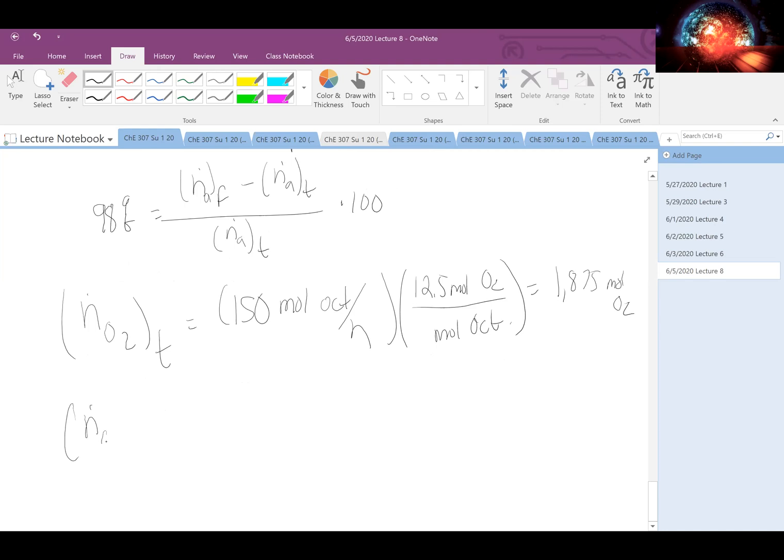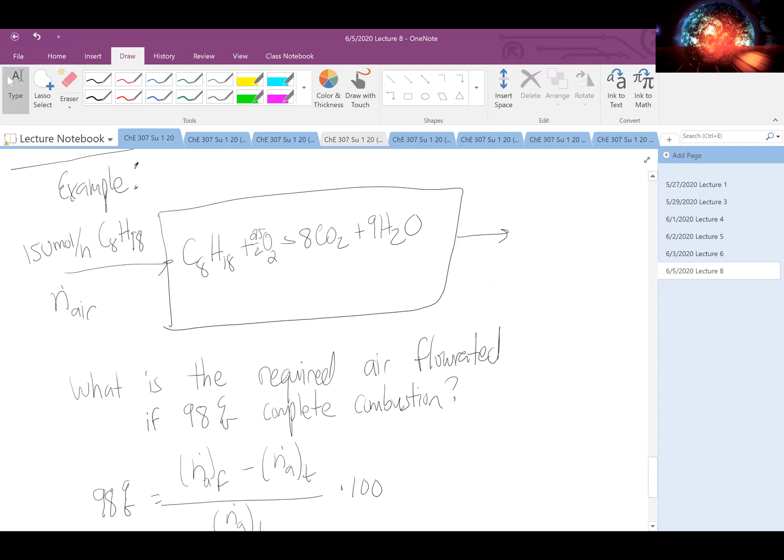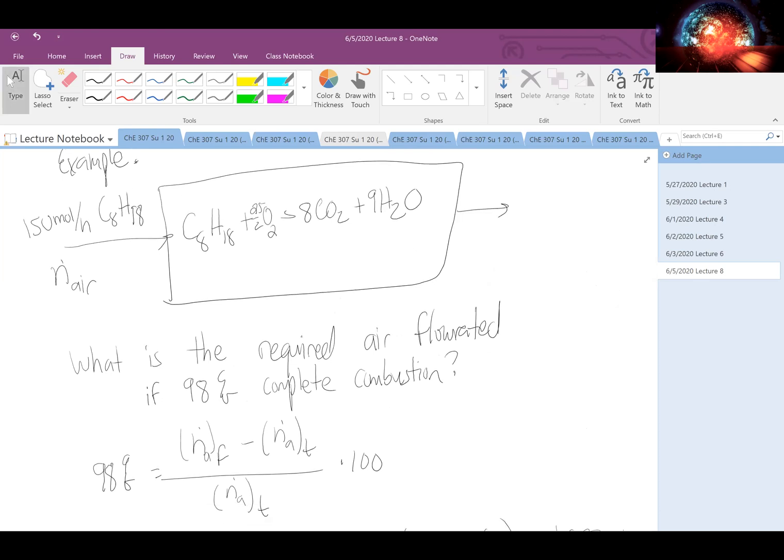To get my theoretical air, I have to take that airflow rate and divide it by the mole fraction of oxygen, or for every 0.21 moles of oxygen in 1 mole of air. So what I get is about 8,929 moles of air. And that's just for my theoretical amount.